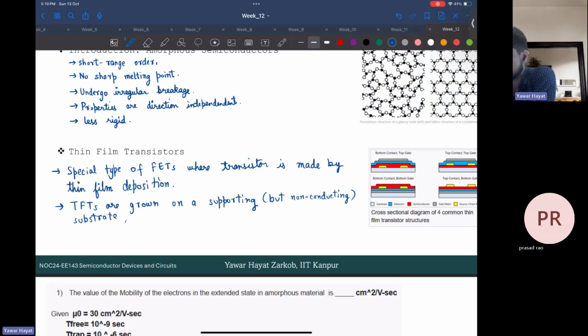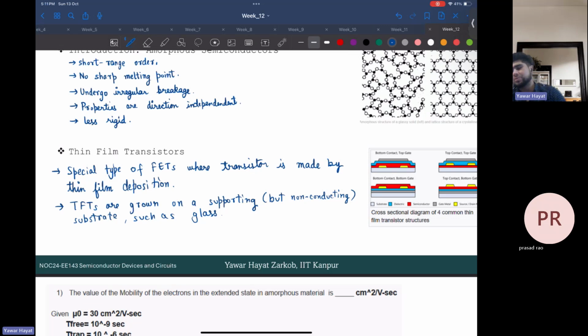For example, your glass. And your TFTs differ from the conventional bulk MOSFETs, where the semiconductor material typically is the substrate.